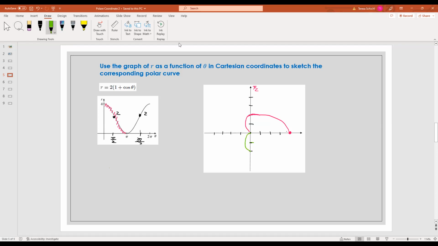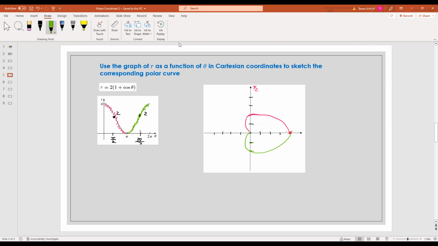After 3 pi over 2, it continues to grow to 4, so the heart goes backward, right? This green one corresponds to this green here.